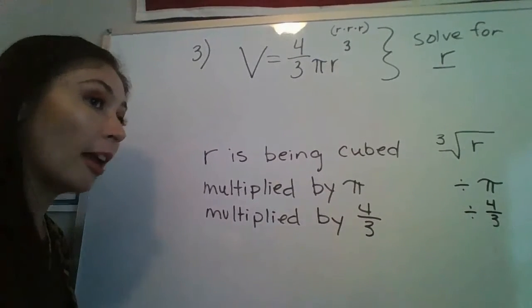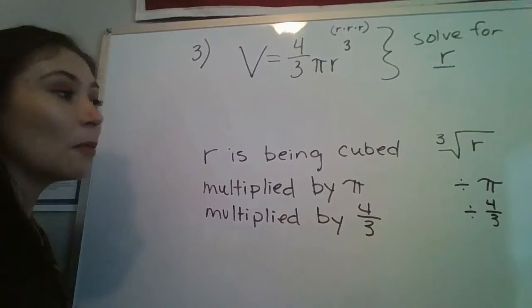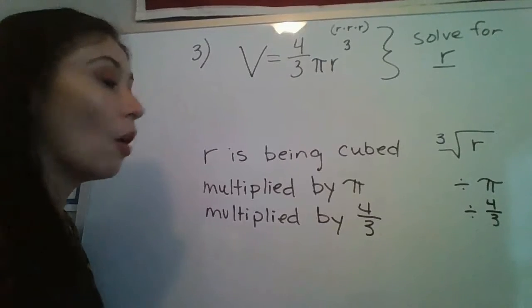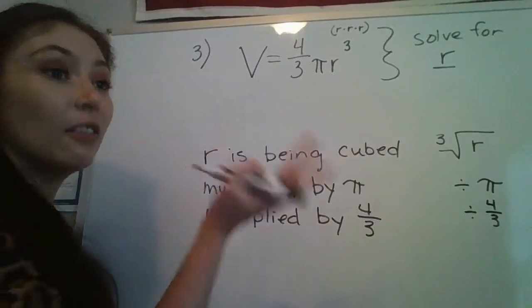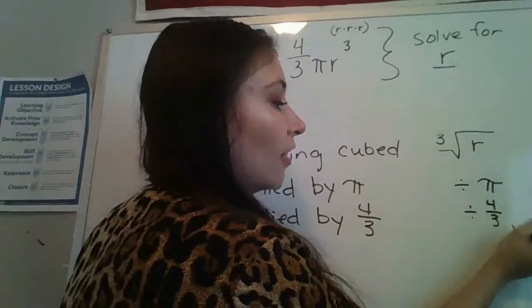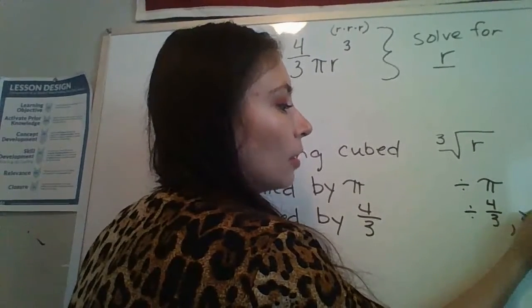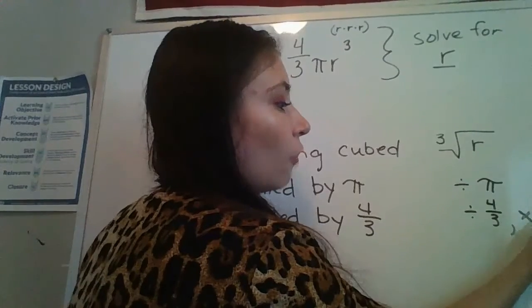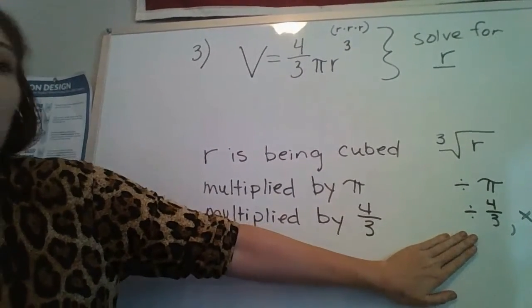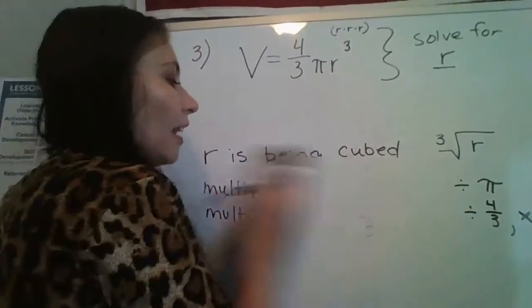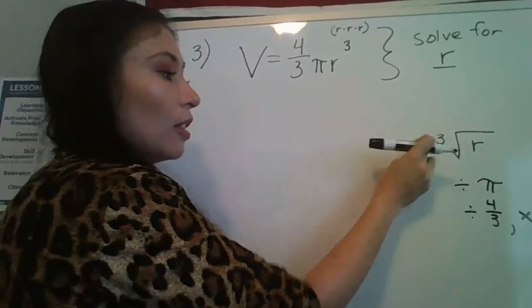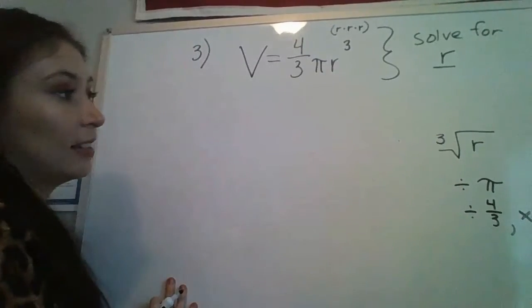Or our new way of saying it is that when we divide by a fraction, we multiply by the reciprocal or multiply by the flip. So by divide by 4/3, I'm also going to write that this is the same thing as multiplying by 3/4. So now that I have which steps I'm going to follow, I can get rid of my original list because to solve, I'm going to do these 3 operations.